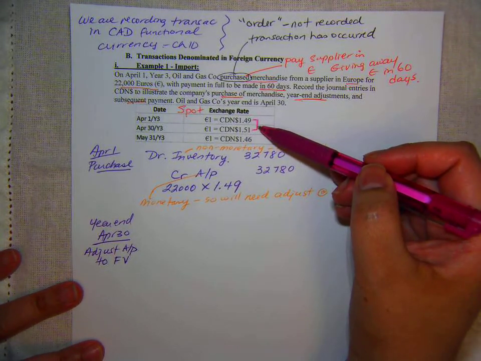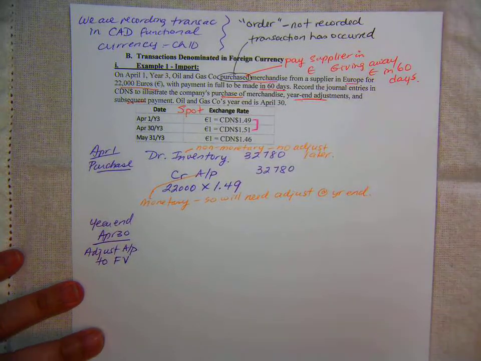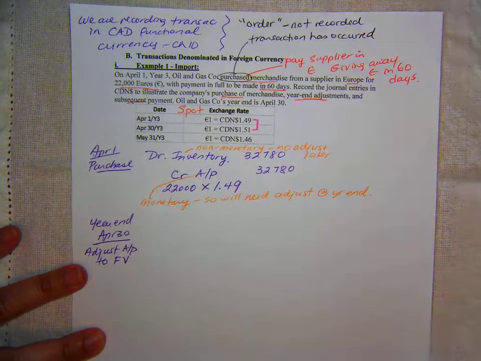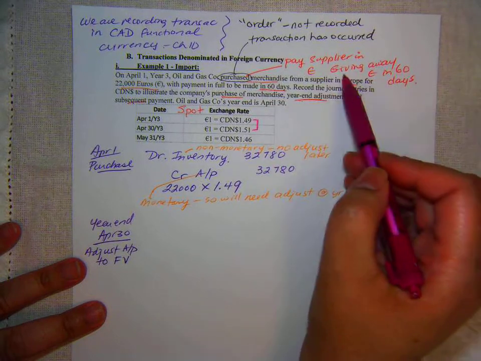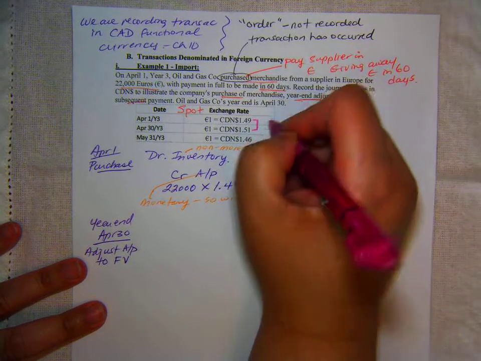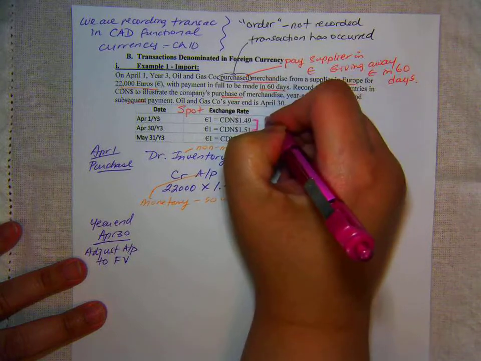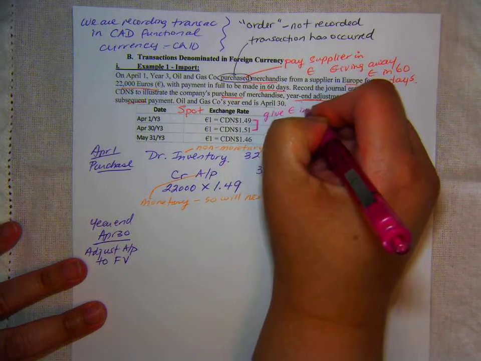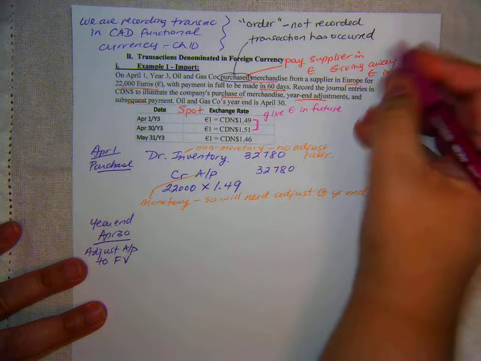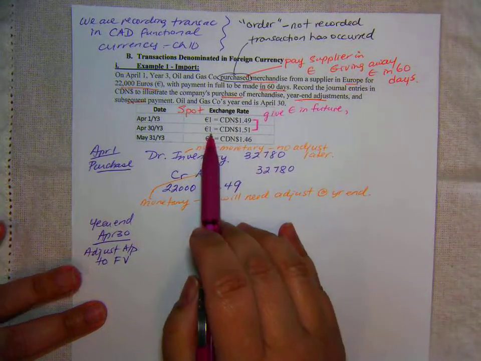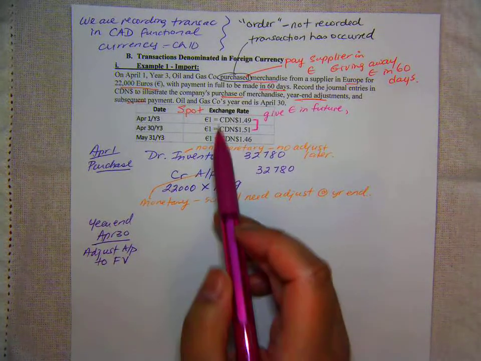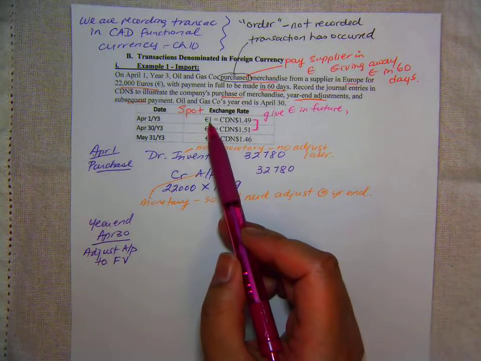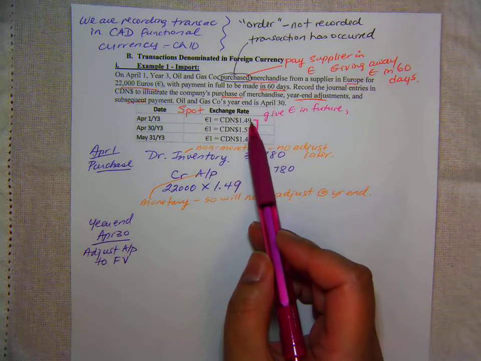But we can't say if it's good or bad until we determine whether we're giving euros away or if we're getting them. In this case, we purchased, so we have to give away or pay in euros. We have to give euros in the future. And what happened to the price of the euro? If thinking of a euro and currency hurts your head, just imagine this is 1 pen. 1 pen used to be worth $1.49 Canadian.